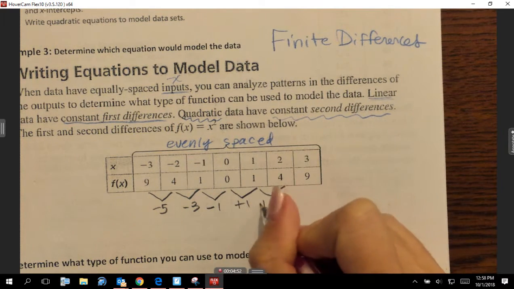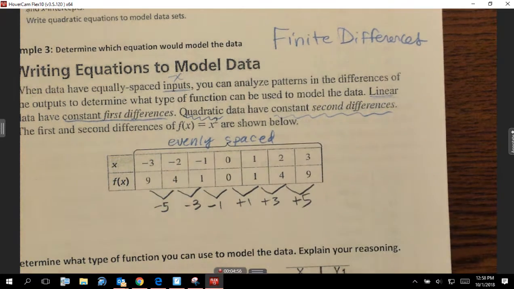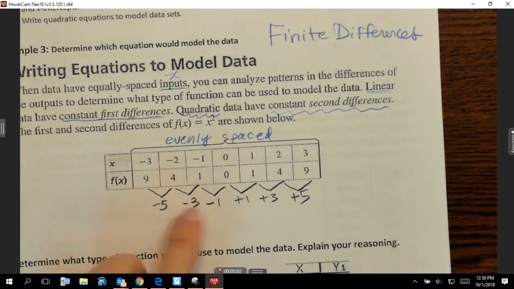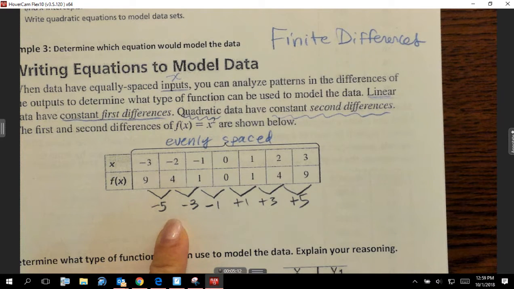From 1 to 4, add 3. From 4 to 9, add 5. Those are differences. Now, these are not constant. They're not the same number every single time. So this is the first differences, but they are not constant. So I know this is not linear.